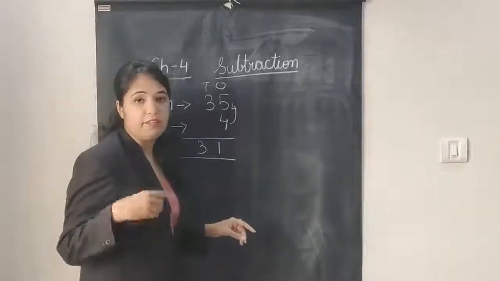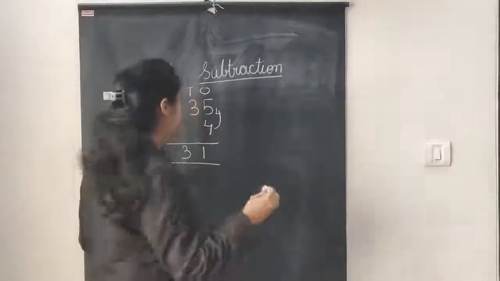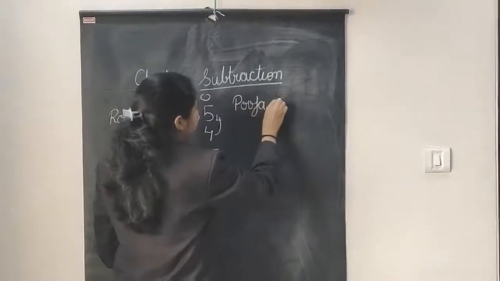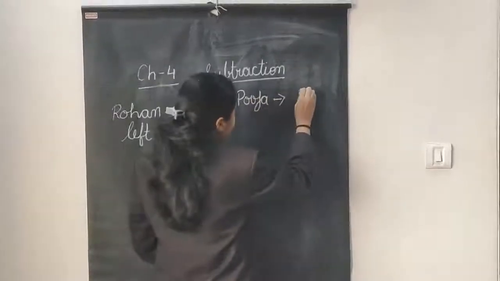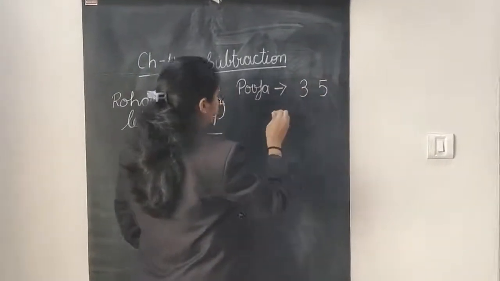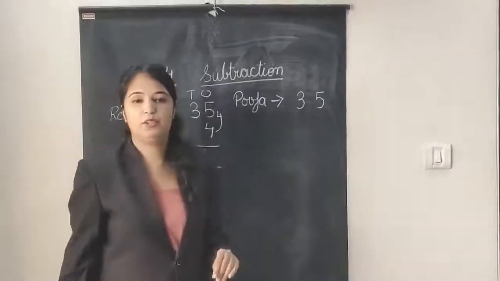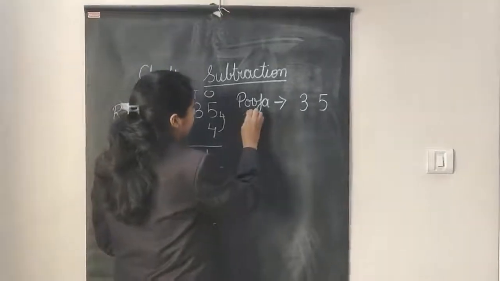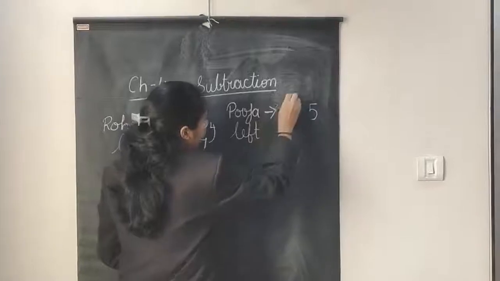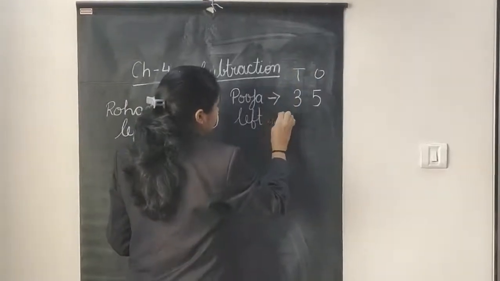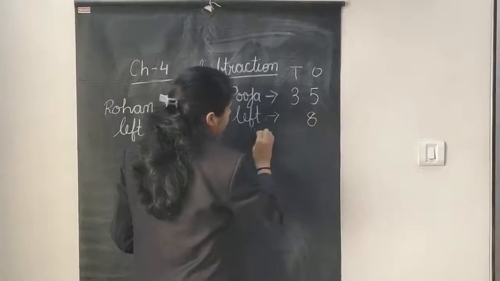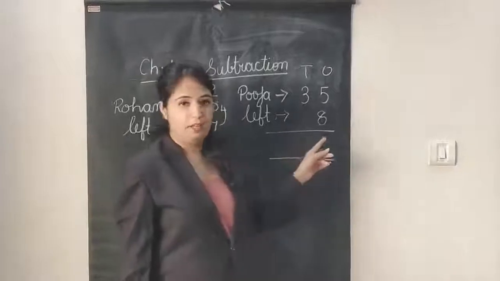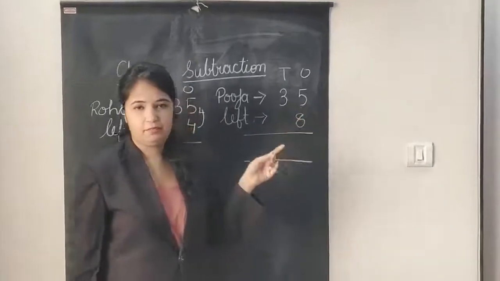Now next, there is one girl whose name is Pooja. And on the next day, Pooja is also having a birthday. She brought 35 candies to the class, as the total number of students is 35. The candies left with Pooja are 8, right? Now we have to compare which number is bigger. Can we subtract 5 minus 8?